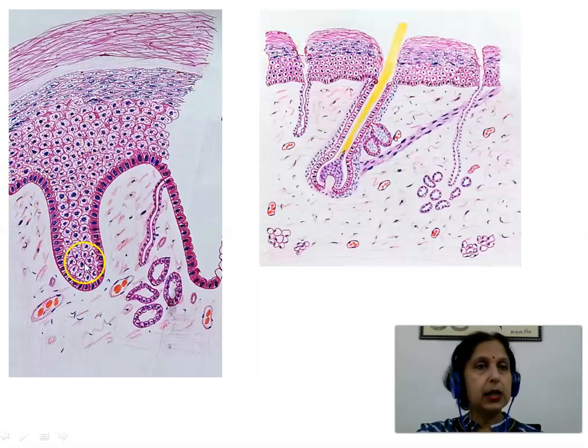The dermal papillae and epidermal ridges are well differentiated and present in thick skin, while they are not that well appreciated in thin skin. The hair follicle with the sebaceous gland and the erector pili muscle are present in the thin skin, and they are absent in the thick skin.